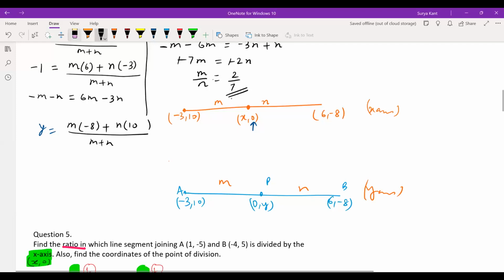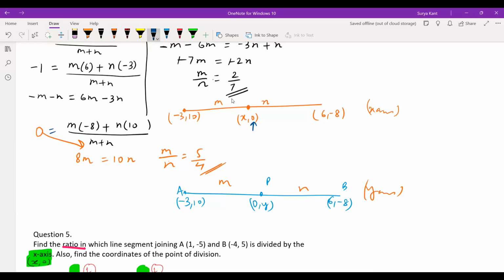And remember children, here y is 0. If you multiply 0 with something, it will be 0. If they give the x-axis or y-axis, this is going to be 0 all the time. So you can write 8m is equal to 10n directly, so m by n is equal to 5/4. This is the correct answer.